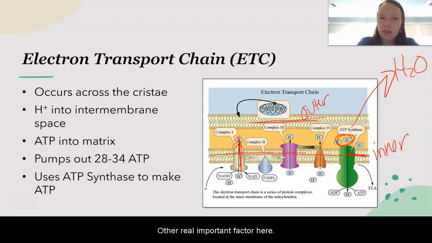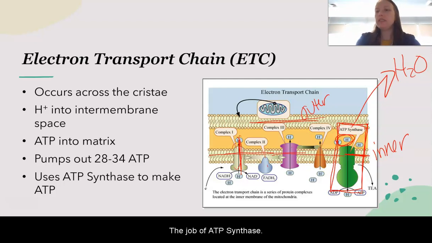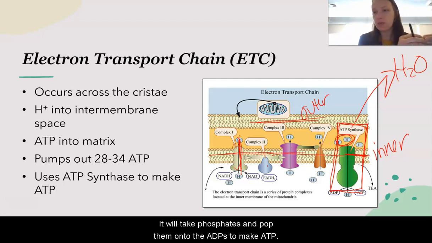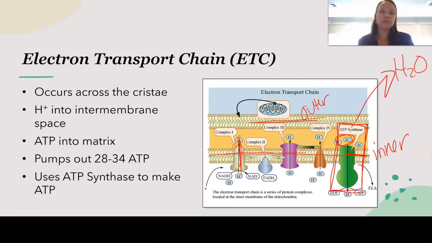And then the other real important factor here is this guy. This is ATP synthase. And the job of ATP synthase, break it down, right? Synth is to make. So ATP synthase is making ATP. It will take phosphates and pop them on to those ADPs to make ATP.